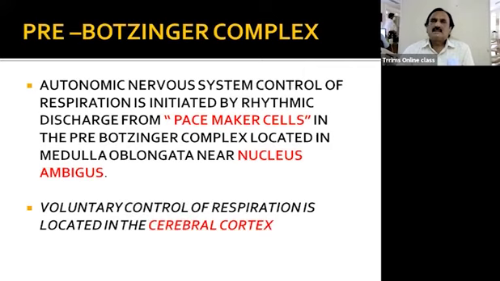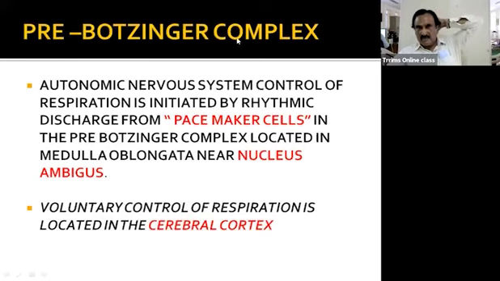What does a pacemaker cell mean? This is a cell which has the maximal speed. So this is called a pacemaker cell. You have the pacemaker cells in the heart, that is the SA node. And similarly, you also have pacemaker cells in the brain.